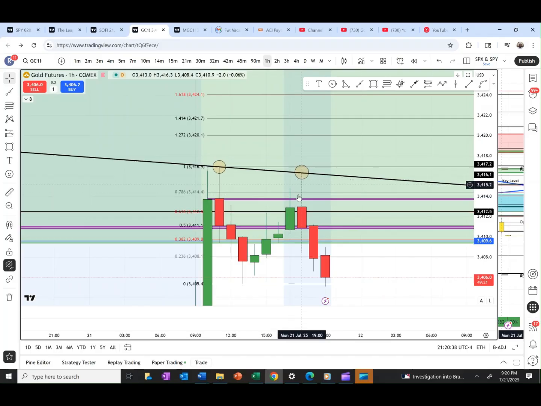So you can enter once this high gets swept, that could be your entry. Or if you want a little bit more confirmation, you can wait till we get below the bullish volume imbalance, or even close below the 62% and the 50% and the bullish volume imbalance.